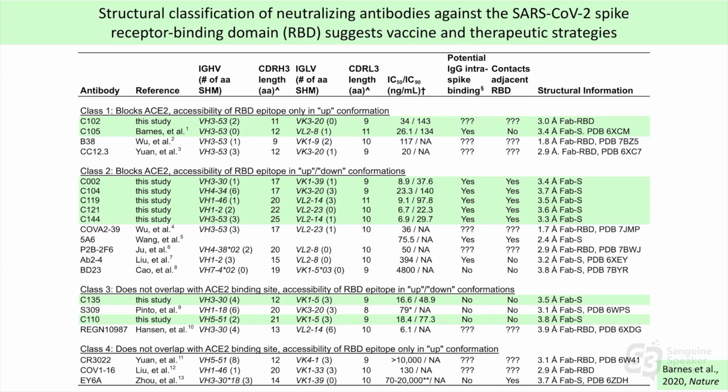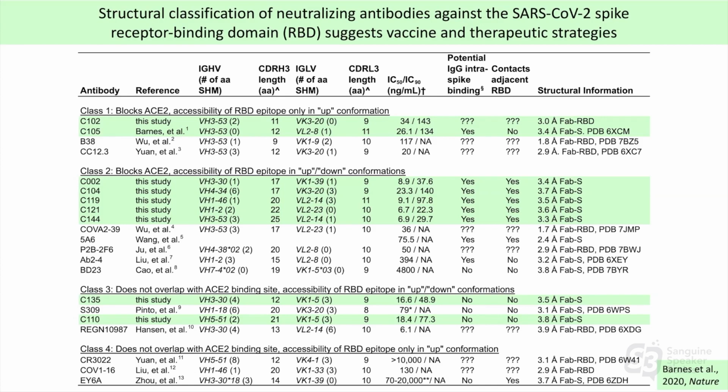Class 1, an example is C105 that I showed you in the first cryo-EM slides. That's the one that has a short CDRH3. It comes from the VH3-53 class, and it binds to the RBD only when the RBD is up. So that's one type of antibody.